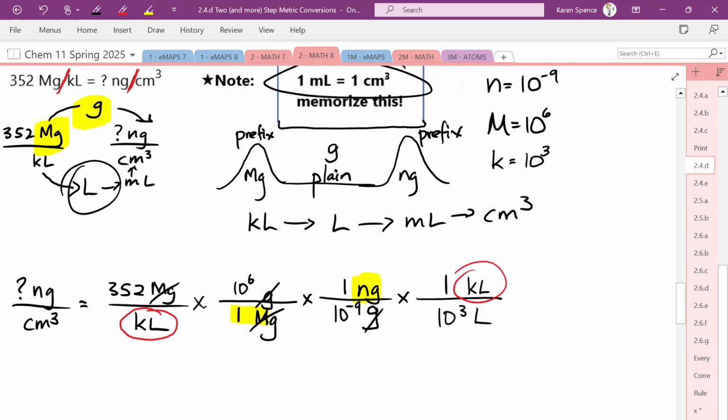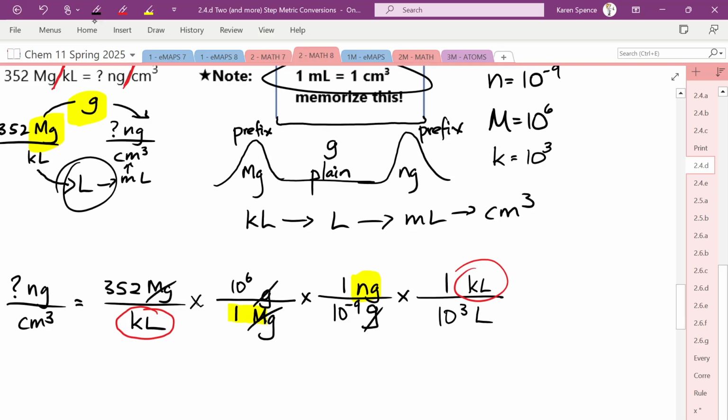Okay, and keep going, that gets rid of our kiloliters. Now we need to cancel our liters and find the milliliters. So that is, milli means 10 to the -3.